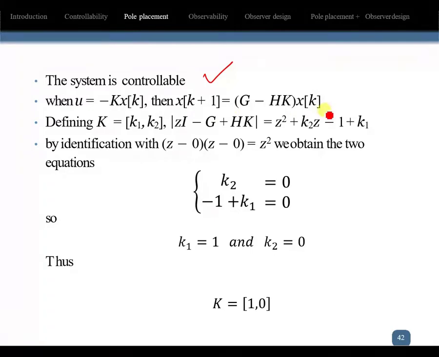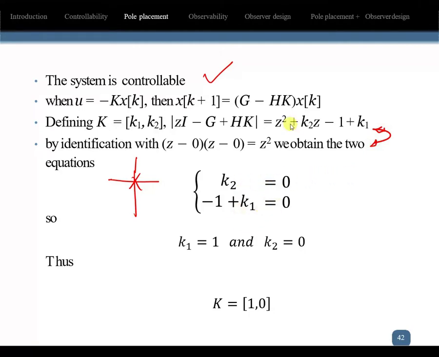It is 2 by 2, that means you have K1 and K2. You will find the determinant of zI minus G plus HK, which will be z squared plus K2 z minus 1 plus K1. For a deadbeat response, both poles will be at the origin, so it becomes z minus 0, z minus 0 equals z squared, and these two expressions should be equal to each other. You can find K1 and K2.